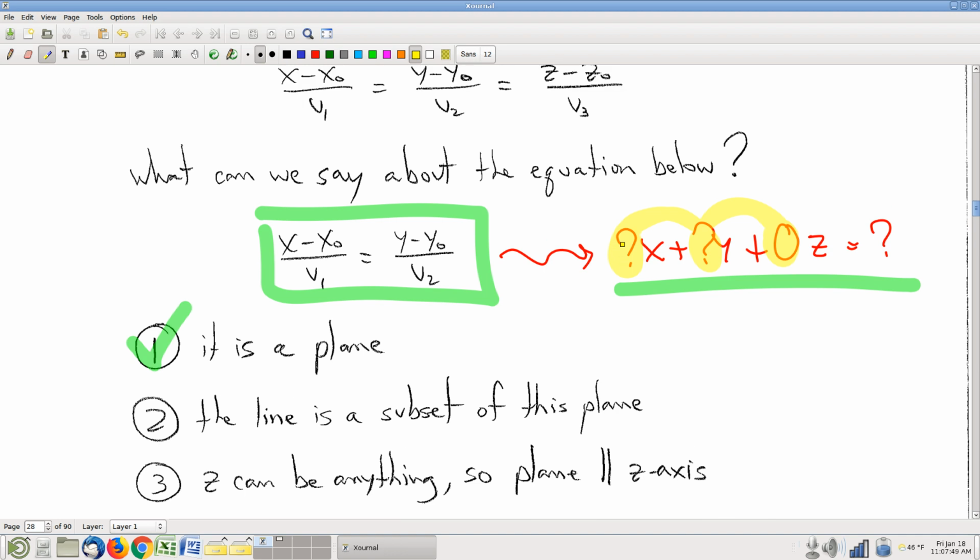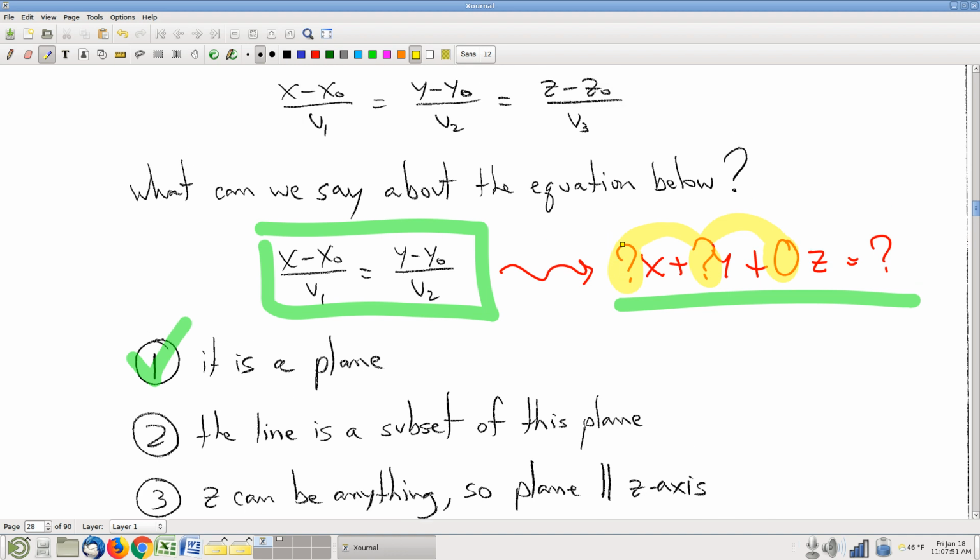Second observation: any point that's on the line satisfies both of the symmetric equations. If it's on the line, then it also satisfies that one equation, right?